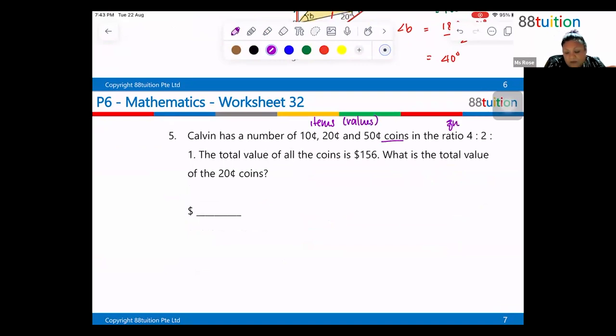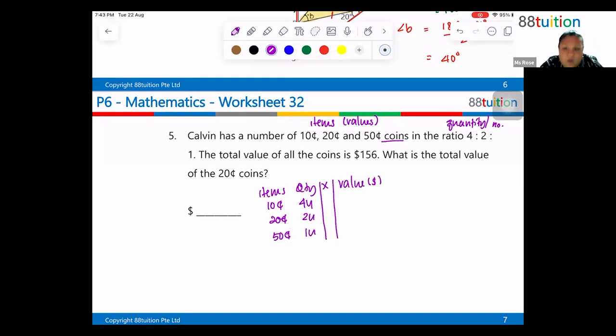And we have quantity or number. So we have these items: 10-cent coins, 20-cent coins, and 50-cent coins. Quantity in terms of the ratio will be 4, 2, and 1 times the value. That means what each coin represents.